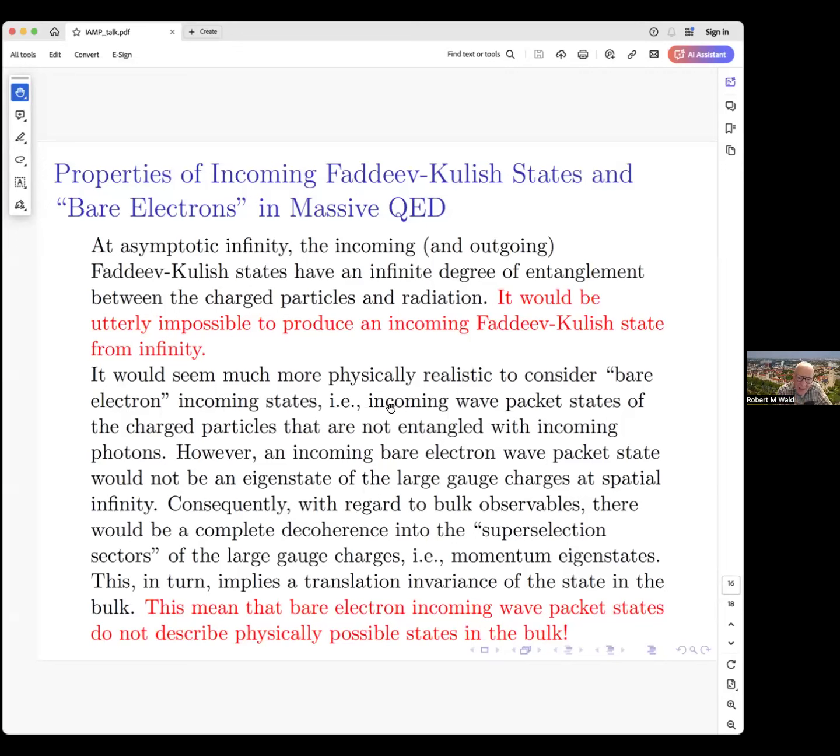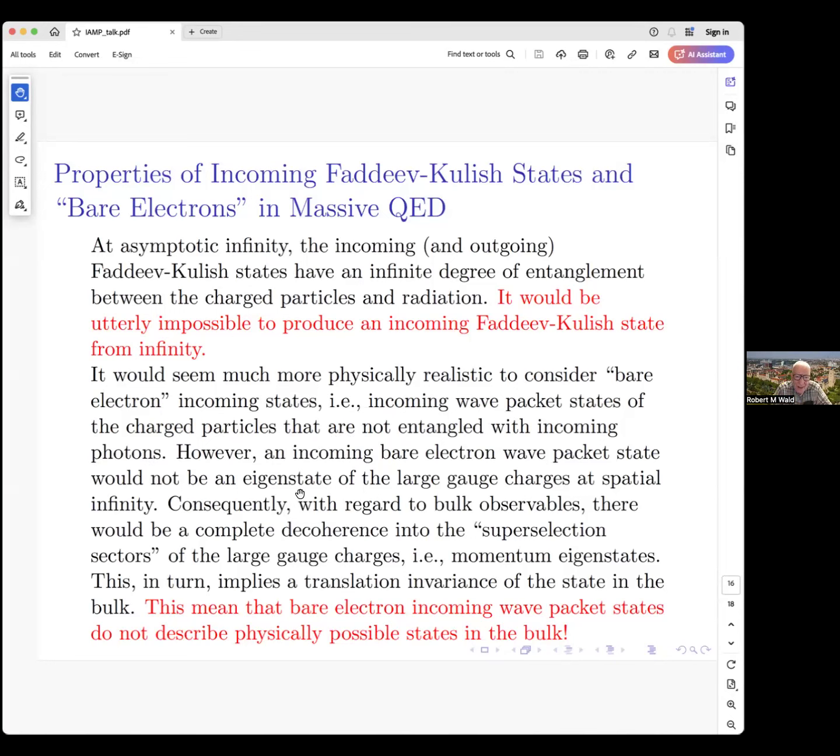So it would certainly be much more realistic to imagine sending in what you might call bare electron incoming states. That is, send in wave packets of charged particles that are not entangled with the incoming photons. That would be a sensible incoming state, but that runs into the mathematical problem that Faddeev-Kulish had to address.